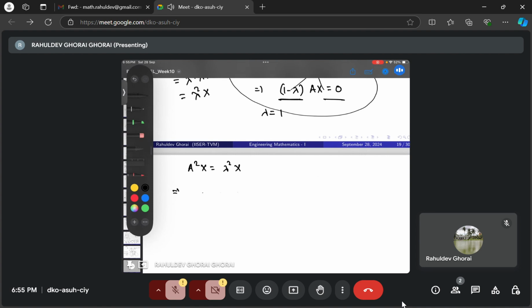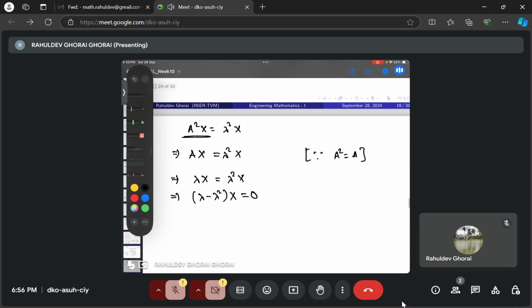But what is this? A square is equal to A because of idempotent. So Ax will be lambda square x, right? As A square is equal to A. What does that imply? Lambda times x will be equal to lambda square times x. That implies lambda minus lambda square times x is equal to 0.